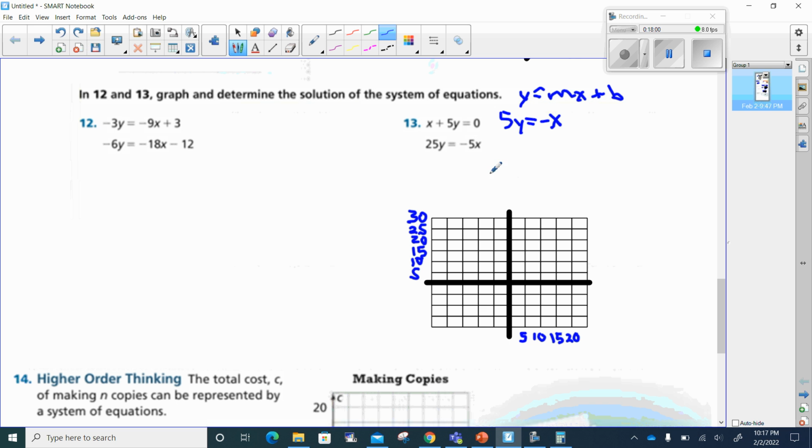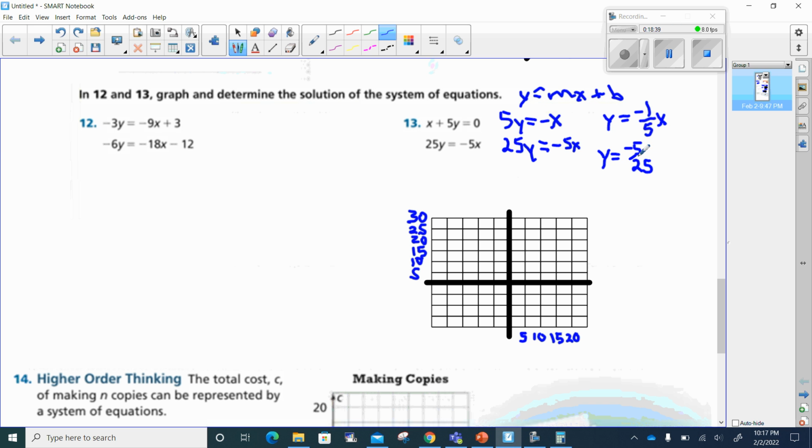And then for my second one, it's already set. 25y equals negative 5x. So when I divide by 5 here, I'll get y equals negative 1 over 5 x. And then when I divide by 25 here, I'm going to get y equals negative 5 over 25 x.